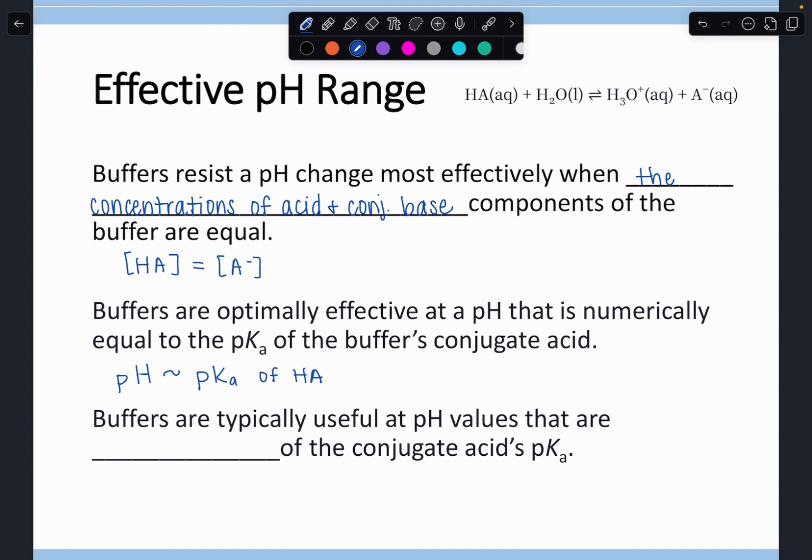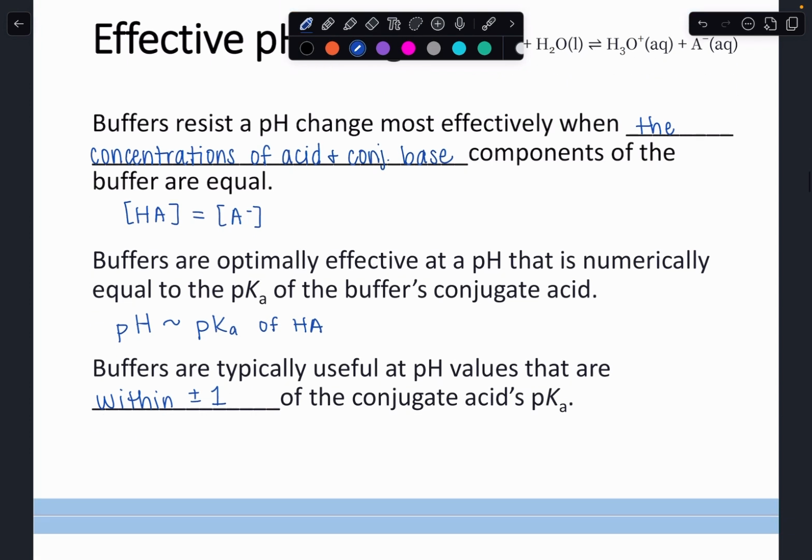Buffers are typically useful at pH values that are within plus or minus 1 of the conjugate acid's pKa. So the situations where this would be applied is if you are looking to generate a buffer solution that has a certain pH. Like if you know you want the pH to be 5, then you want to find an acid that has a pKa of approximately 5.